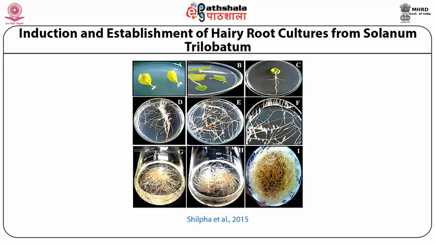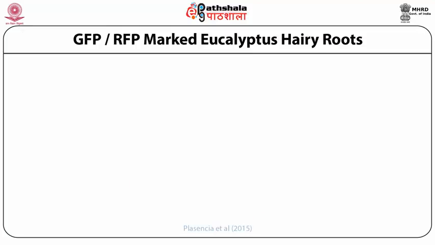So hairy roots develop from the petiole portion of the leaf, which can grow and multiply in a medium in the absence of phytohormones, because the tDNA coming from the Ri plasmid is able to produce both auxins and cytokinins. So these hairy roots formed can be cultured in the absence of phytohormones in the medium.